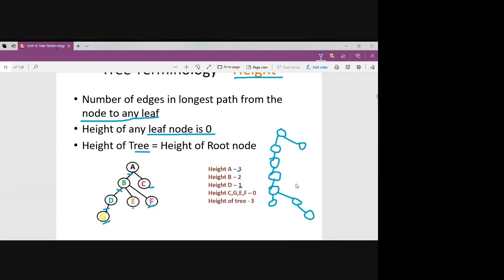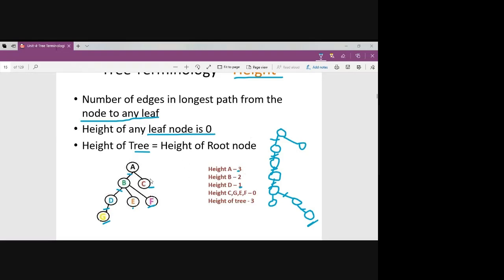Yes, correct. Because you have to take from here 1, 2, 3, 4. So if you come here there is one more to the longest one only here. So 4, 5, 6. Because this is the longest path of edges from the particular node to the particular leaf node. So 6.